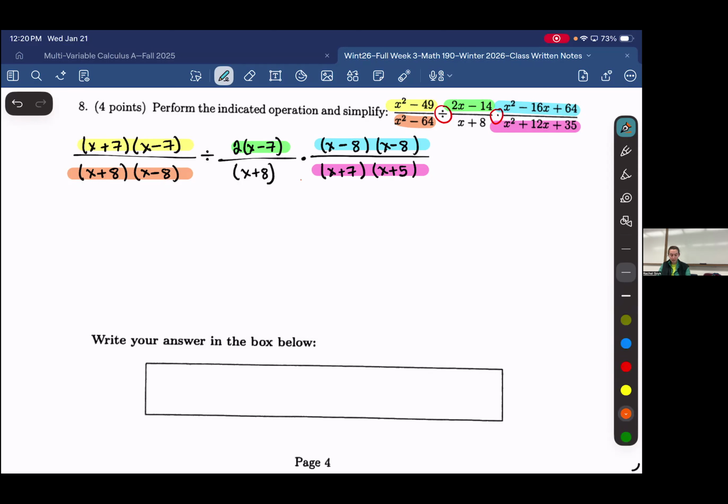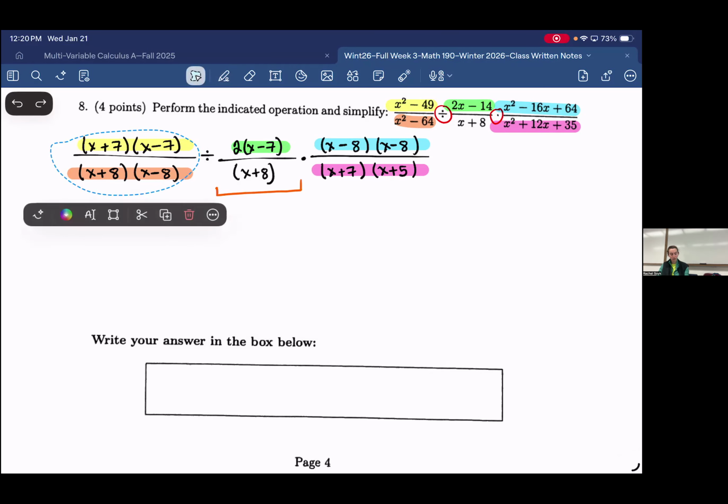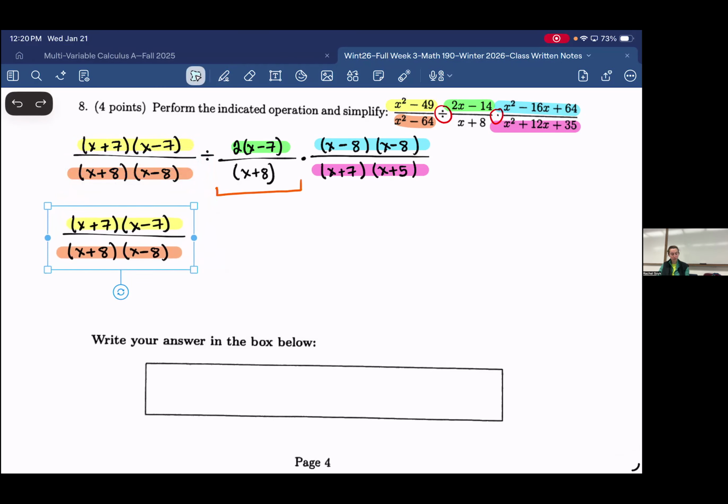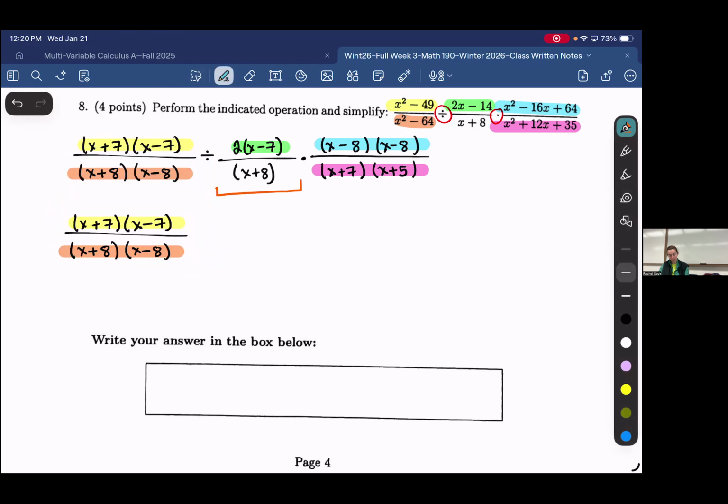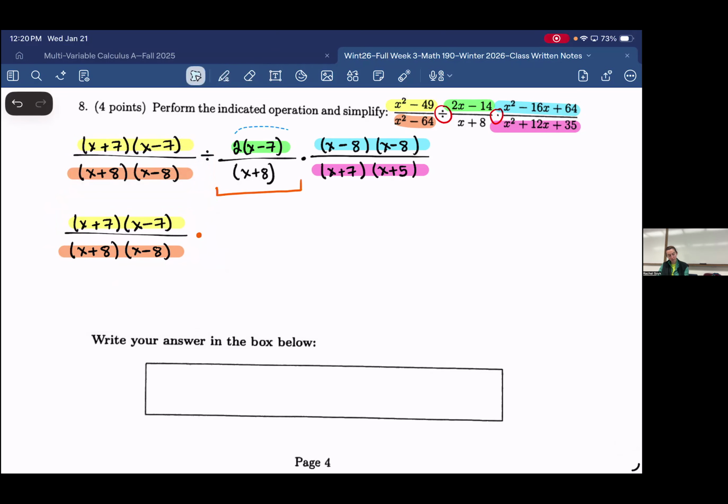So because this guy is being divided, we keep this first fraction the same. We change the division to now multiplication. And then we flip this guy. So now our x plus 8 is in the numerator. And then our 2x minus 7 is in our denominator.